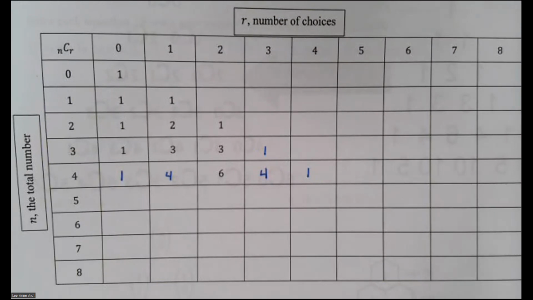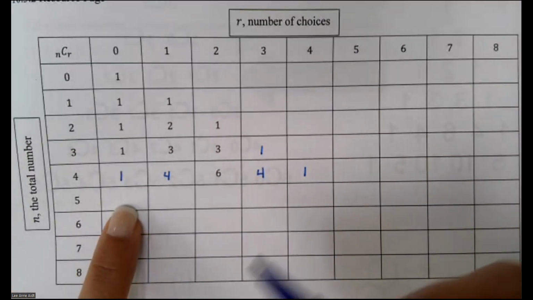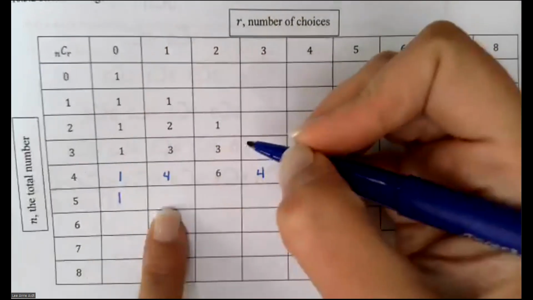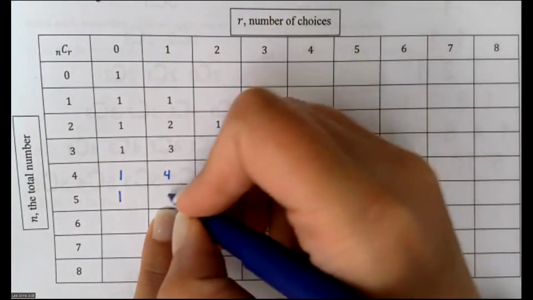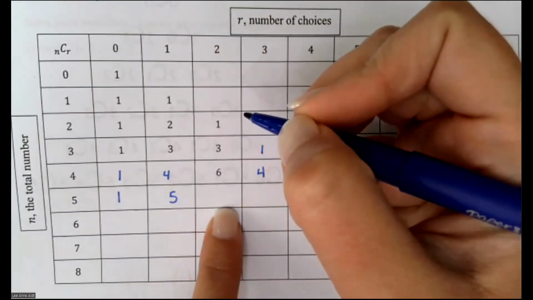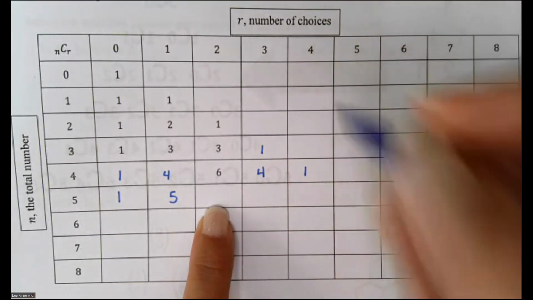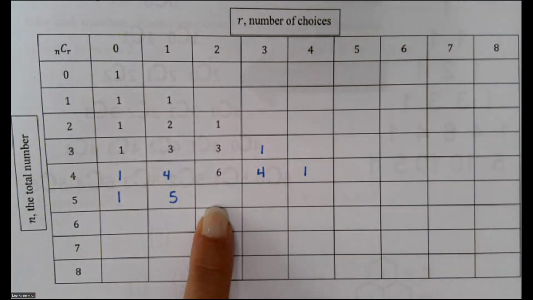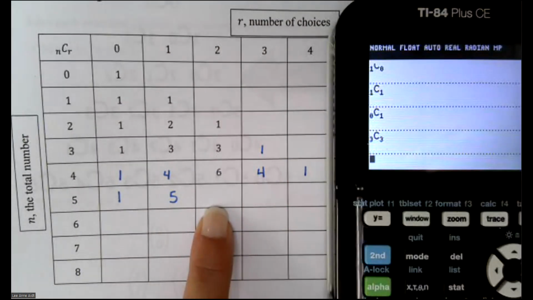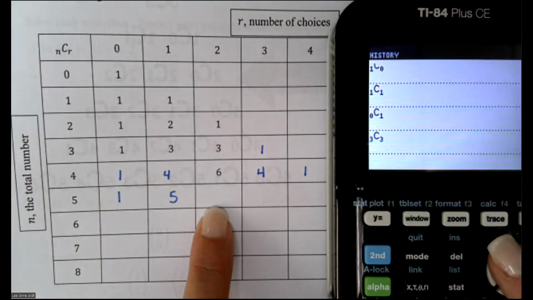Okay. Now this is going to be fun. What's this number going to be? 5. Okay. What's this number going to be? 10. Now you can do it in the calculator. It's 5C2. Go ahead and check it.